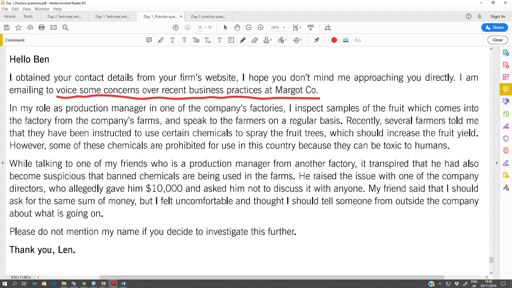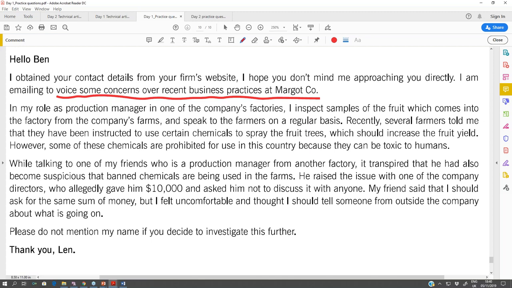"In my role as the production manager in one of the company's factories, I inspect samples of fruits which come into the factory from the company's farm and speak to the farmers on a regular basis. Recently, several farmers told me that they have been instructed to use chemicals to spray the fruit trees, which should increase the fruit yield.